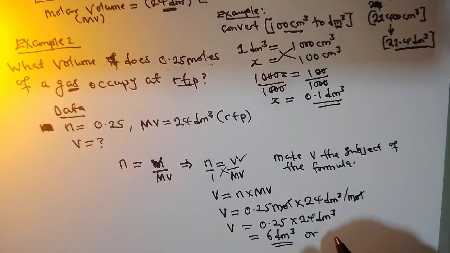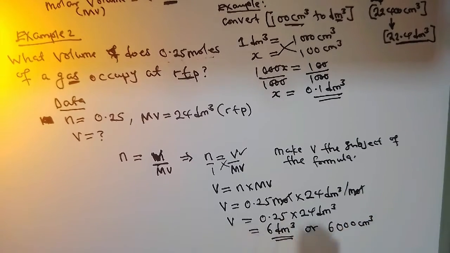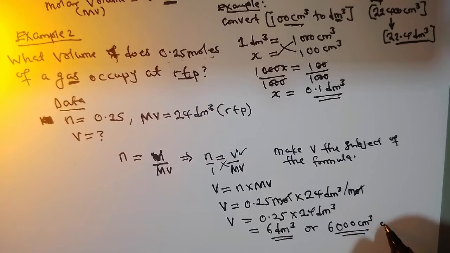When you compare to centimeters, we're going to have 6,000 cubic centimeters at RTP. So that is the volume.